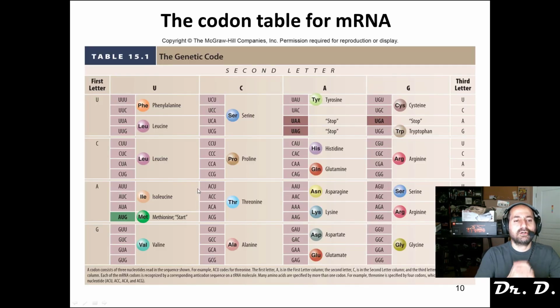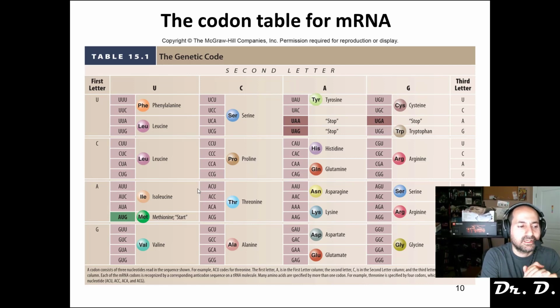So let me show you the whole codon table. You see here, this is the entire codon table. What does that mean? It means every possible 3-letter word that you could make with A's, G's, C's, and T's. But here on this table, they're showing you U's instead of T's because they're talking about the RNA.